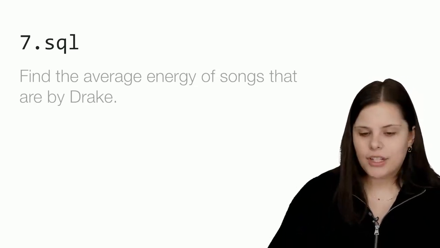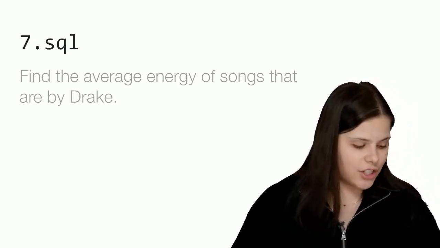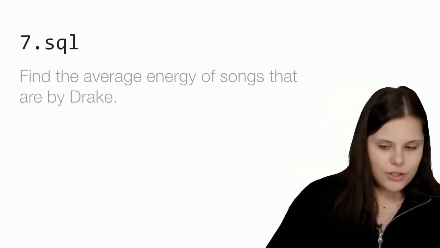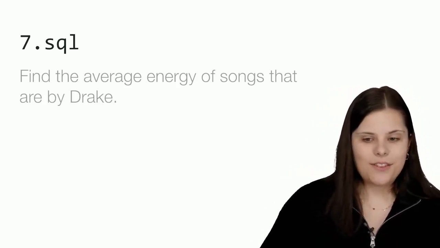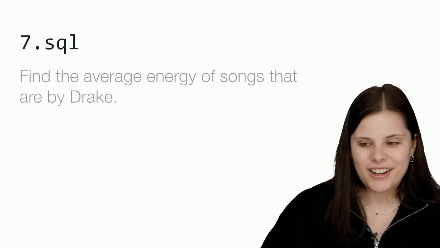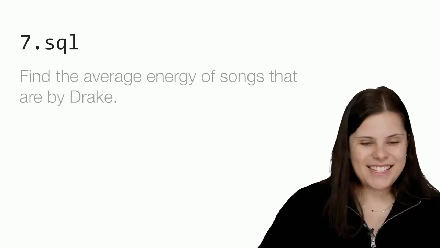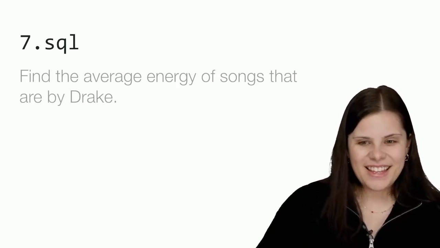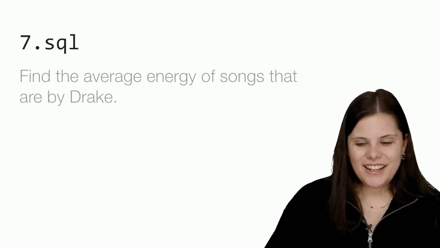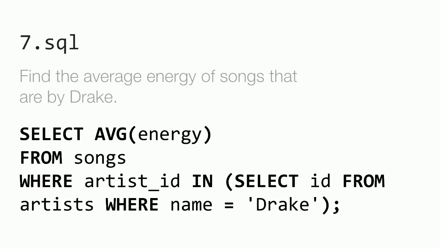And then after that, we want to use our aggregate function to find the average energy. I'm going to give it maybe 10 more seconds in case people want to think about it a little bit more. I know it's a lot to type out in the chat. Okay, maybe you already thought about it, but this is how you might want to go about it.